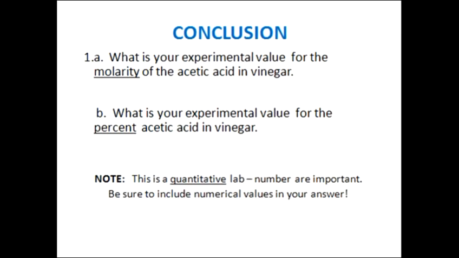Question 1 reads, A, what is the experimental value for the molarity of the acetic acid in your vinegar? B asks, what is your experimental value for the percent acetic acid in vinegar? Okay, be sure to include the numbers you just calculated.